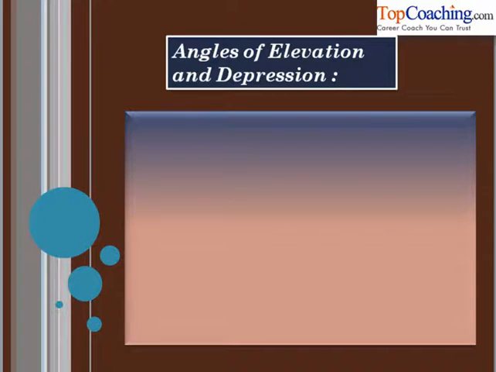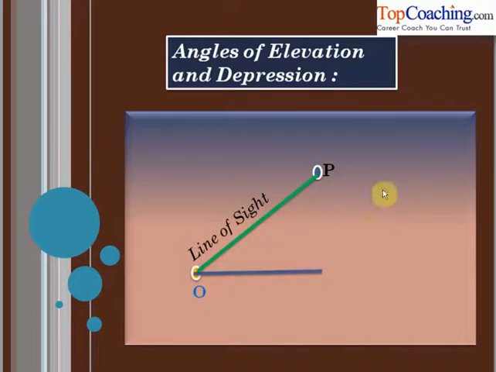Now let's see the relation between angles of elevation and depression. Let us say that we have any point O and we have another point P. Now OP is the line of sight, P is the object under observation, and from this point we are observing this object P. From O we draw a line parallel to the surface of earth, so this becomes the horizontal line.